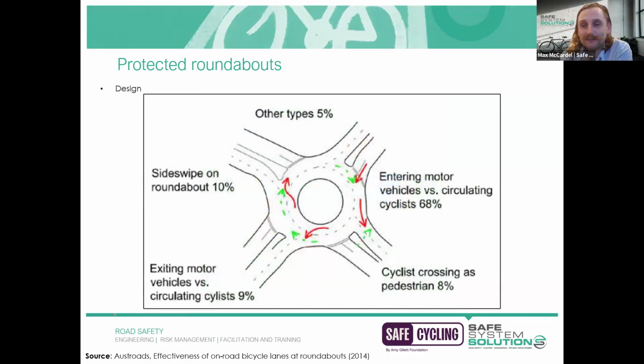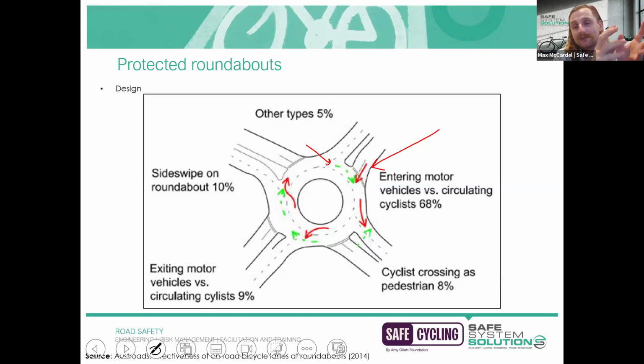To further back up some of those claims, 10 years ago, Austroads did some analysis on the crash data occurring at roundabouts. And what we're seeing here is the solid red arrow that we can see there. That represents a vehicle, and the dotted green line represents a bicycle rider.